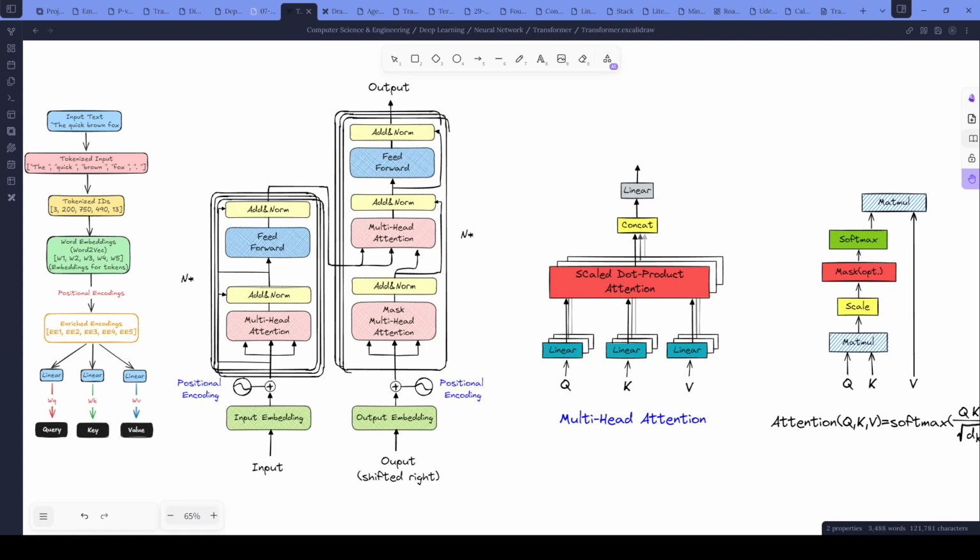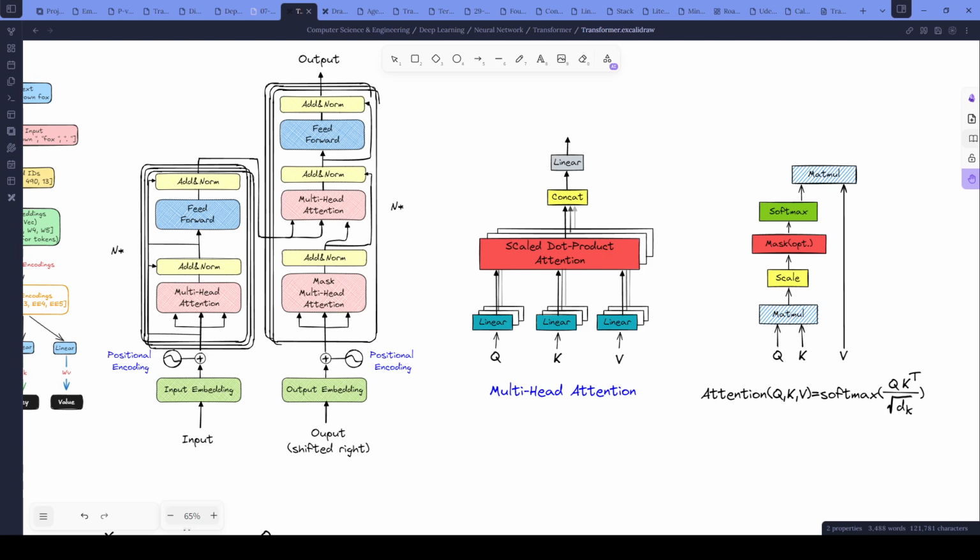Okay, so the key, query, and value concept was first introduced in Attention Is All You Need, even though attention existed before this paper from 2017.